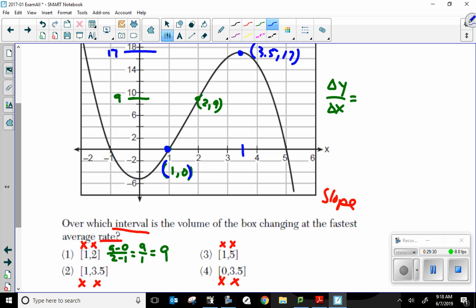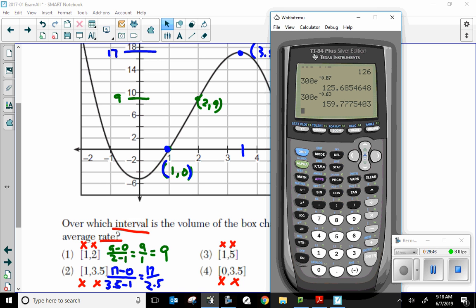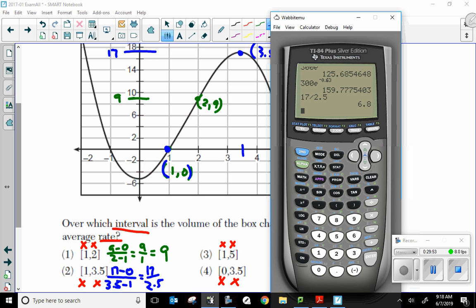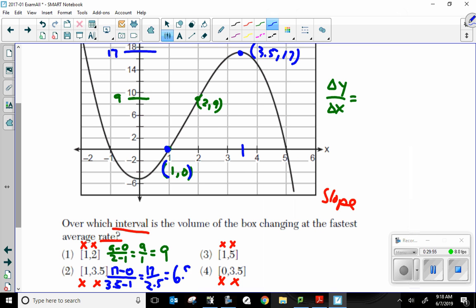Okay, 17 minus 0 all over 3.5 minus 1. So it's going to be 17 over 2.5. And I know for a fact that's going to be less than 9. I want to say 6.8. Well, let's do this: 17 divided by 2.5 is 6.8.